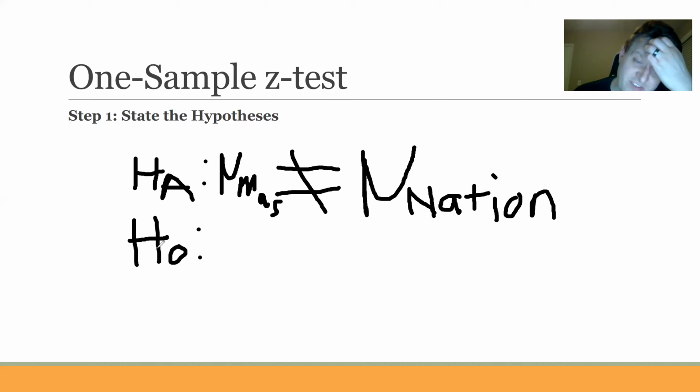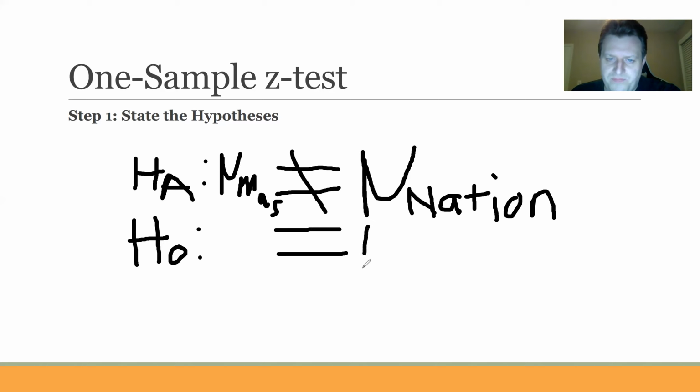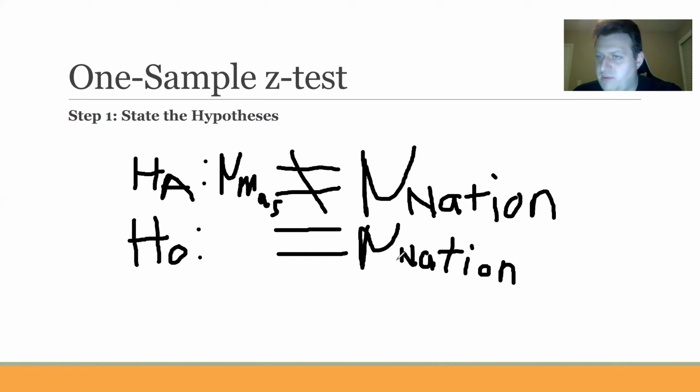Our null hypothesis is always the exact opposite of the alternative. So instead of does not equal, our null hypothesis is going to be equal. So the mu of the nation, the population mean of everybody in the nation, their creativity scores, is equal to the population mean of Mac users.